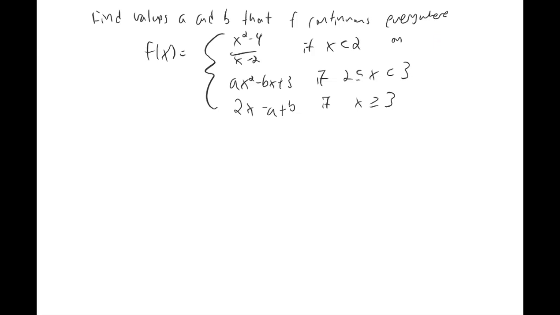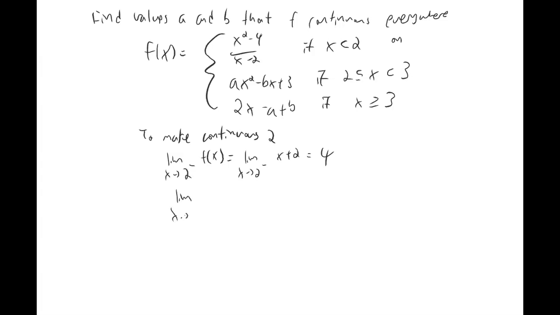So to make it continuous at 2, you need limit x goes to 2 from the left of f of x to be equal to the right, right? But let's see what the limit from the left is. I'm just gonna divide out, right? x squared minus 4 divided by x minus 2 is x plus 2. So I'm just going to skip the step, but this is 4.